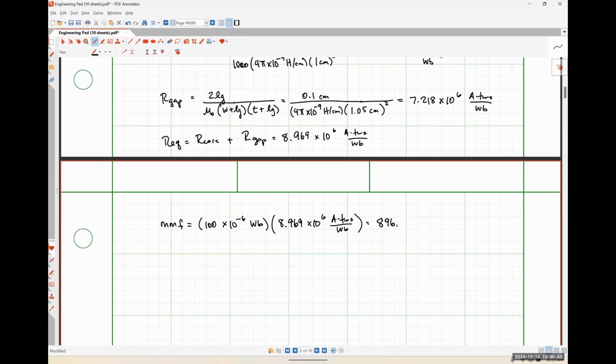That gives me a value of 896.86, rounding up to 897 amp turns of MMF needed to pass 100 microwebers of flux through this magnetic circuit.